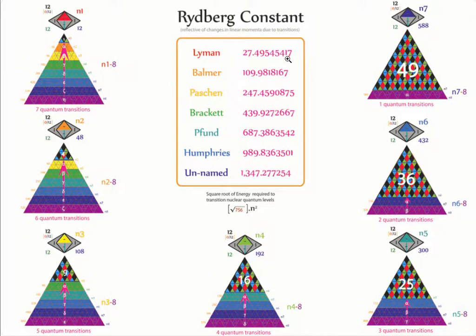We can use the square root of these chem fields to give us a number for calculating Rydberg's constant, and you can see this number has been calculated here on this page. Again, these numbers are the square roots of the linear momenta for these energy transitions with the square energy momenta quanta for the chem fields.